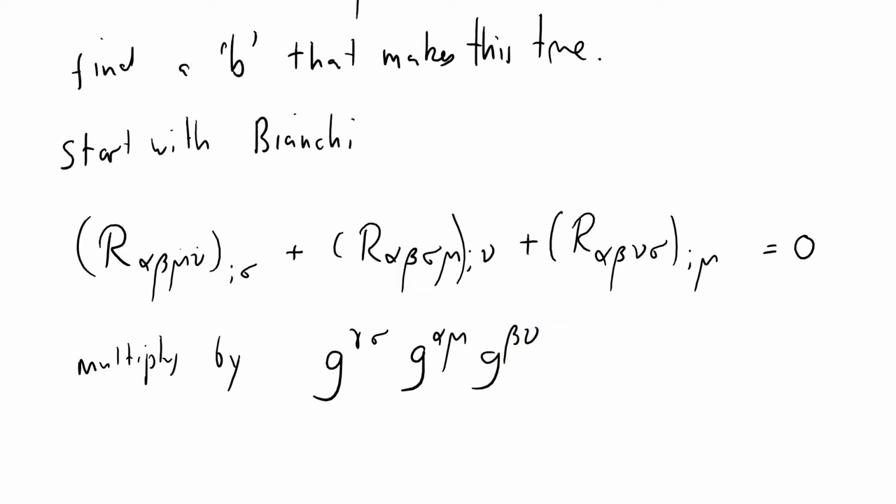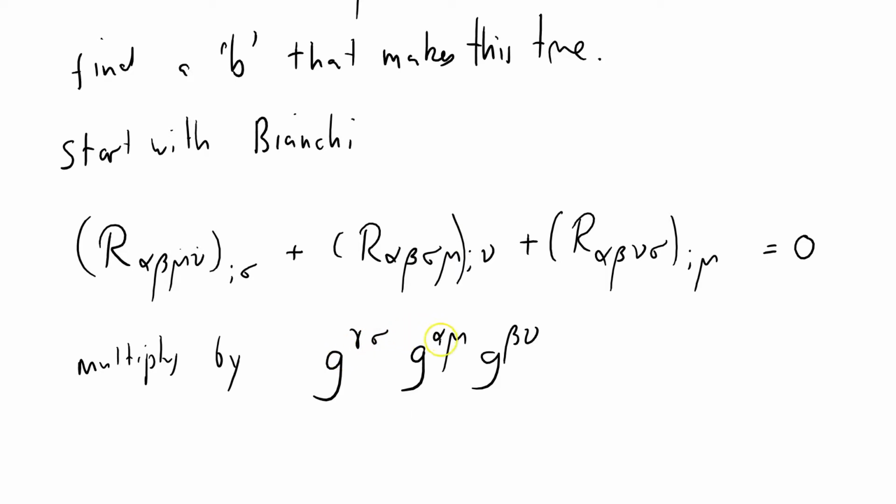I'm trying to raise 3 of these indices. The sigma sums over that sigma there, the mu sums with that mu there, and we've got an alpha as well, so we're summing with respect to alpha. And beta nu, beta is that one and nu is that one. So what have I got left here?